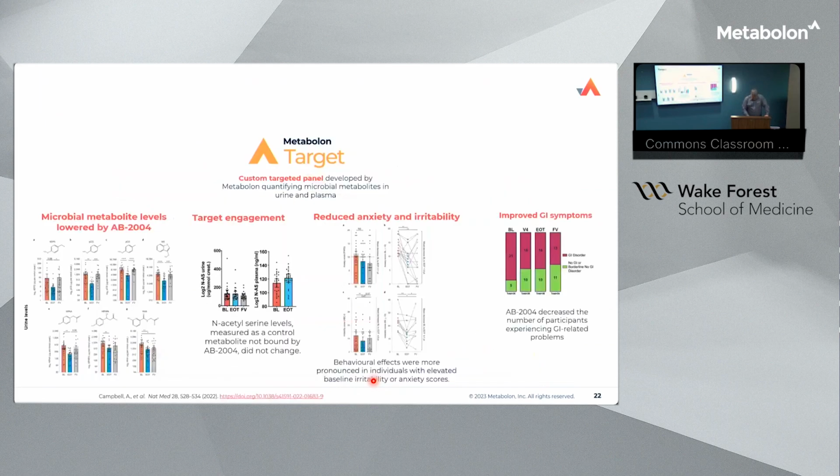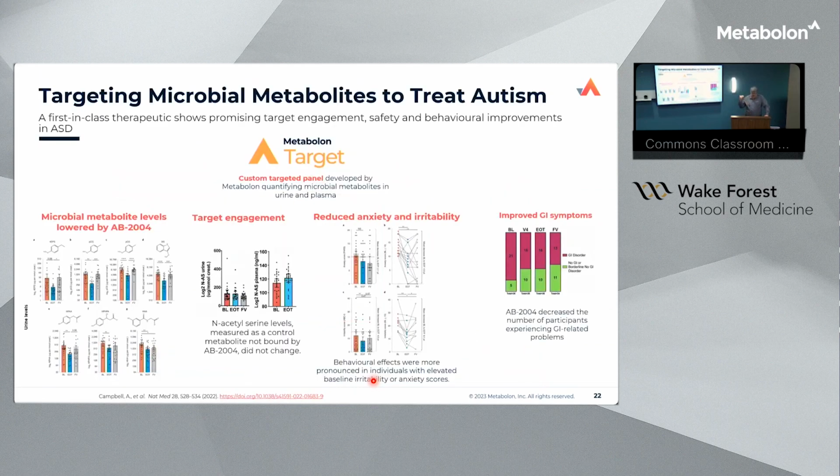They then contracted this specific project with us, a customized targeted panel that we developed using these specific aromatic microbial metabolites, doing a quantitative customized assay focused on those.